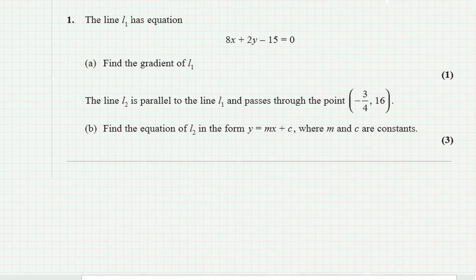the line L1 has an equation 8x plus 2y minus 15 is 0. Find the gradient. So to find the gradient, we have to make y the subject. So 2y will be minus 8x plus 15.